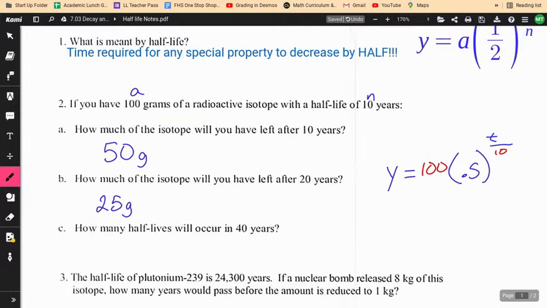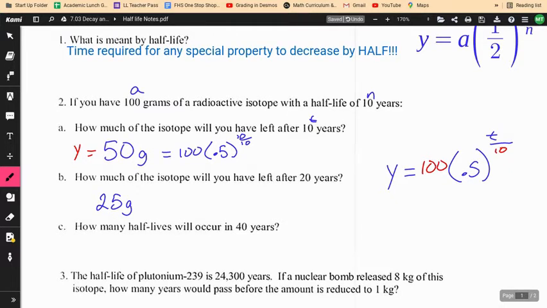My final amount in part A is 50 grams. How did I find that? I did 100 times 0.5 raised to the power of 10 years, because now it tells me 10 years have passed, divided by the half-life of 10 years. That gave me 50 grams.